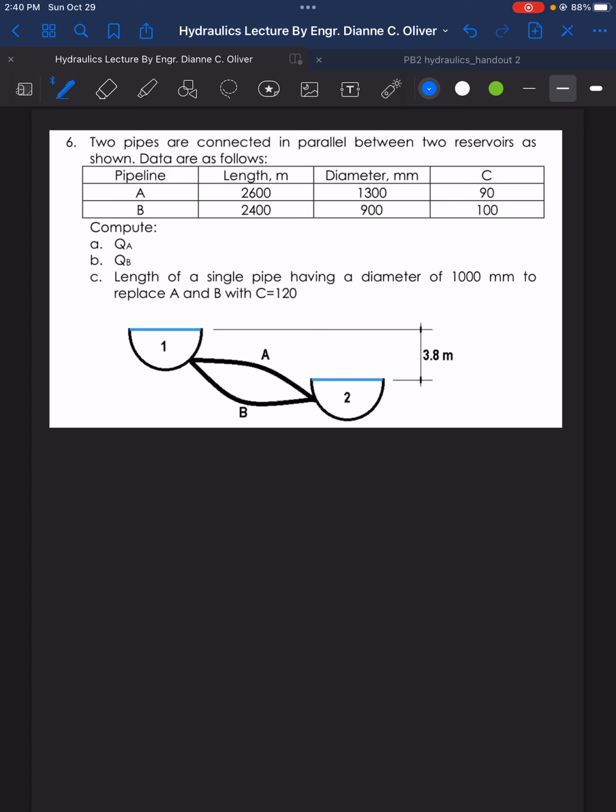So this is the system. There are two reservoirs, reservoir 1 and 2, and two pipes connect these two reservoirs, pipes A and B. So first, let's compute the value of QA.